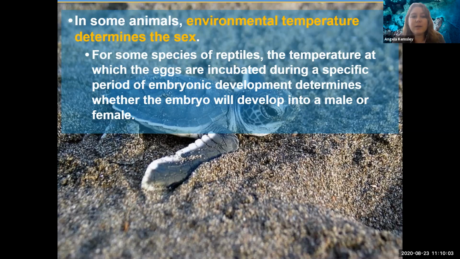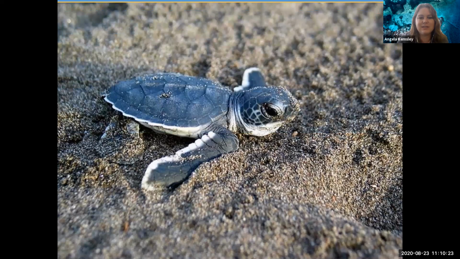Now, one of the problems of this system is that as the Earth continues to heat up due to climate change, once we reach a certain threshold, all sea turtles are going to end up being one sex. So we might end up with all one sex of sea turtles, and then they can't reproduce. So that's a little side effect that we've never thought of. Oh, cute little sea turtles.